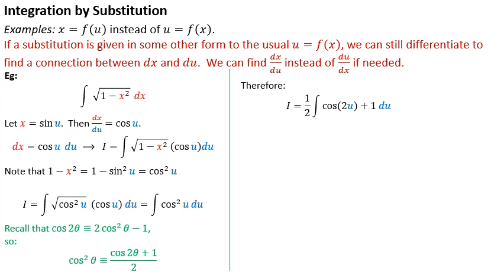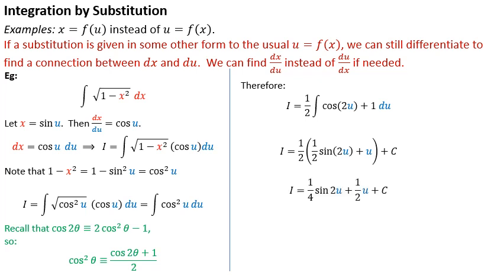We're going to divide by 2 afterwards. Cos 2u therefore becomes a half of sine 2u. If you're ever a bit unsure, just try differentiating your result and see if it gives you back the thing you were trying to integrate. And similarly, 1 integrates to u, and we have half of all of that, and then we add a constant.